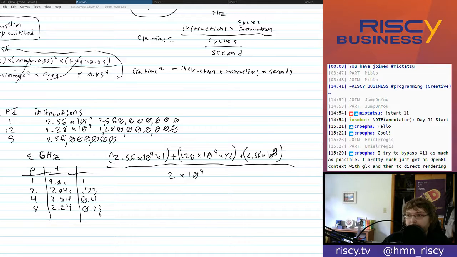Croifa says, I try to bypass X11 as much as possible. I pretty much just get an OpenGL context with GLX and then do direct rendering. Yeah, I considered that for my calculator program. I thought about doing a Vulkan backend rather than OpenGL, but I just feel like doing direct rendering is overkill for a little calculator program.